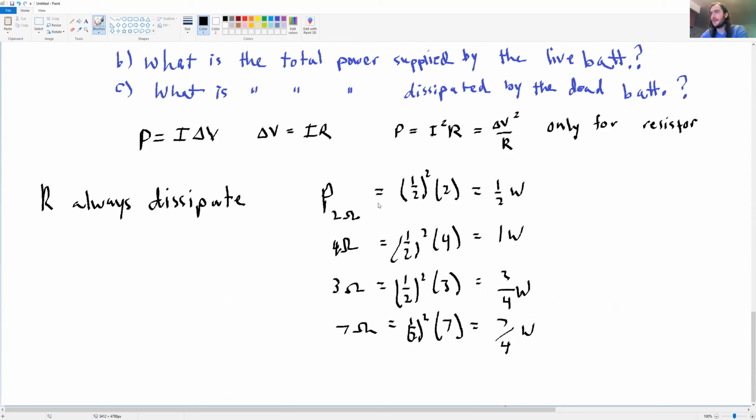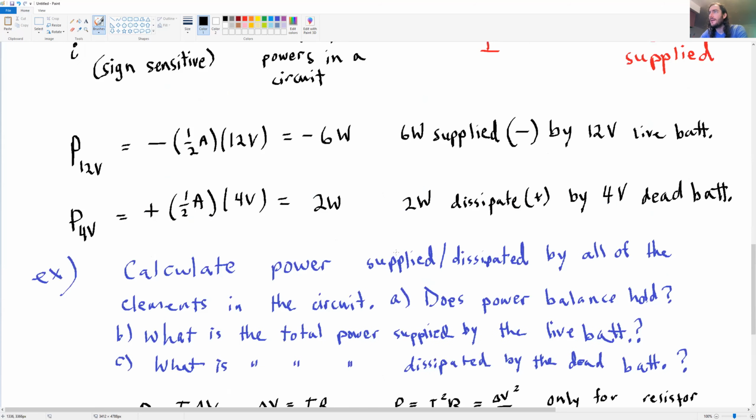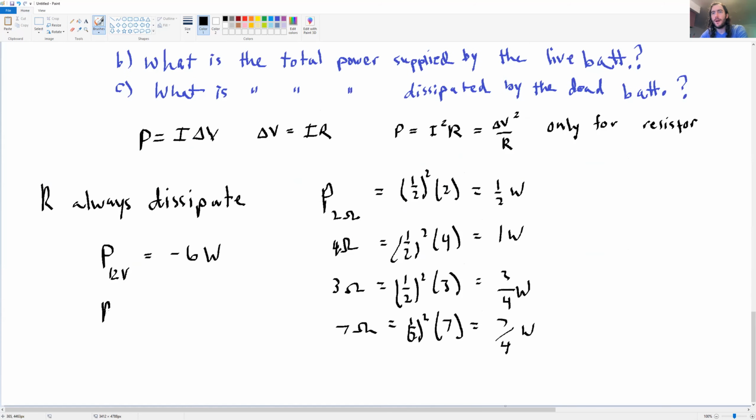Okay, I see a chat. Yeah, that's what I did. Good job. That is correct. And then once you have these, now you have all the powers in the circuit because you also have that the power of the 12 volt is -6 watts, if I remember correctly. And the power of the 4 volt is positive.